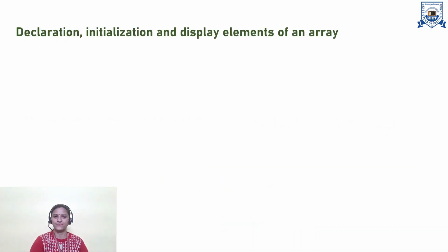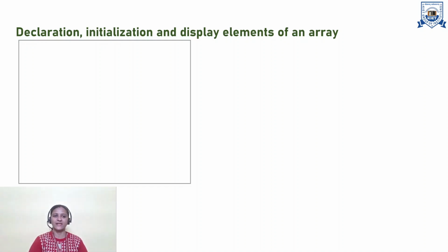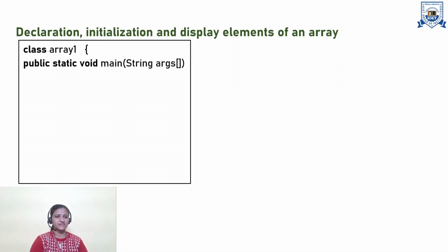Now the declaration, initialization, and the display elements of an array. How it is possible? Let's take an example. Here, the class array1, inside the main, we took an integer array. And in the right hand side, in the curly braces, we have given the initial value to the variable a.